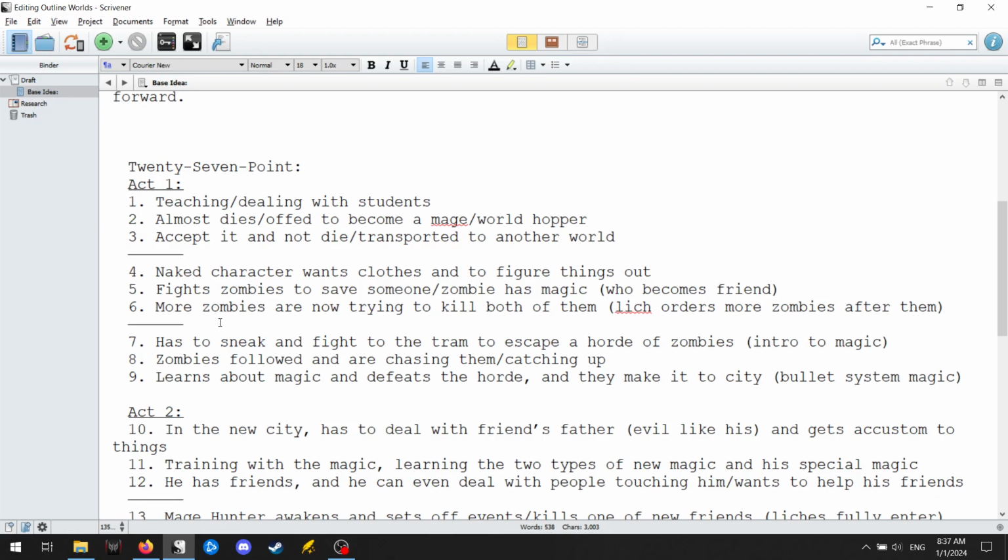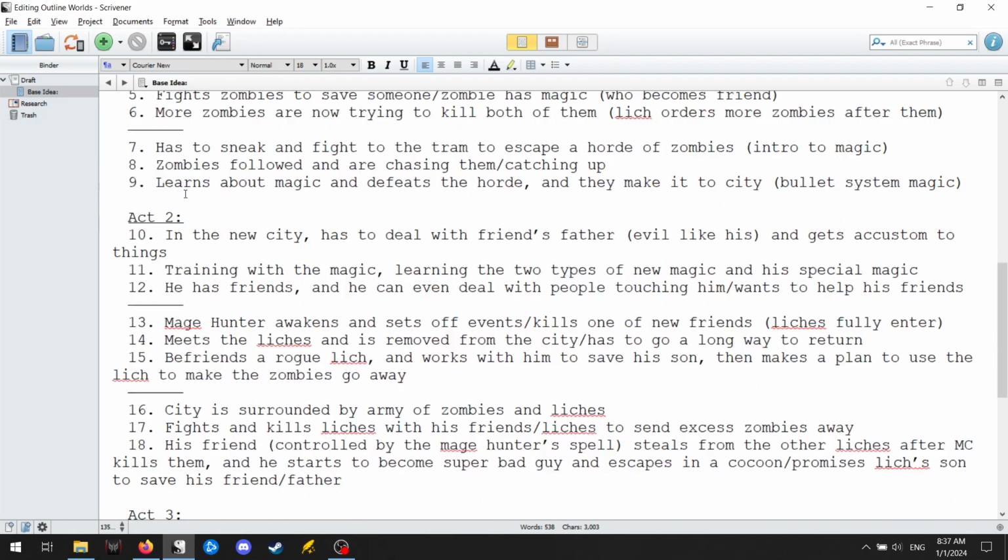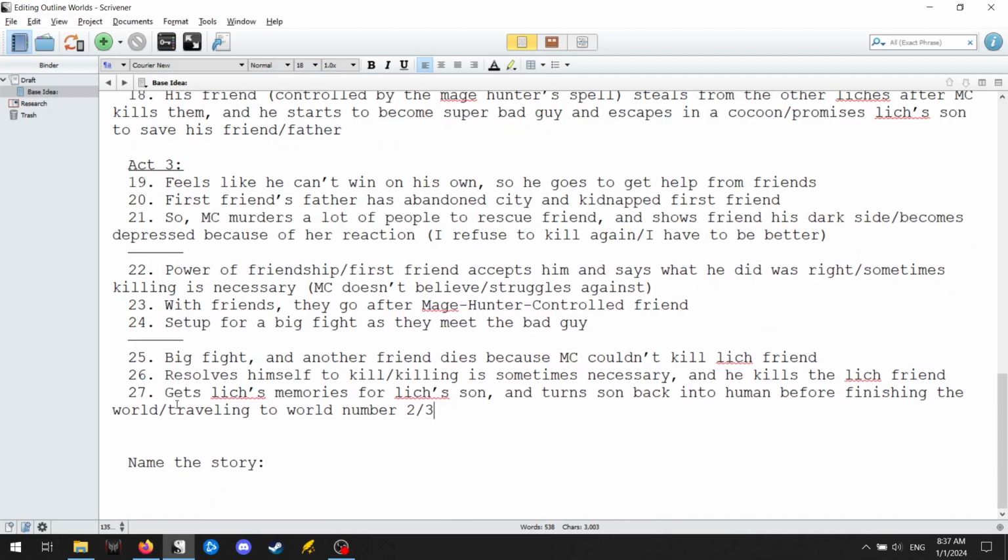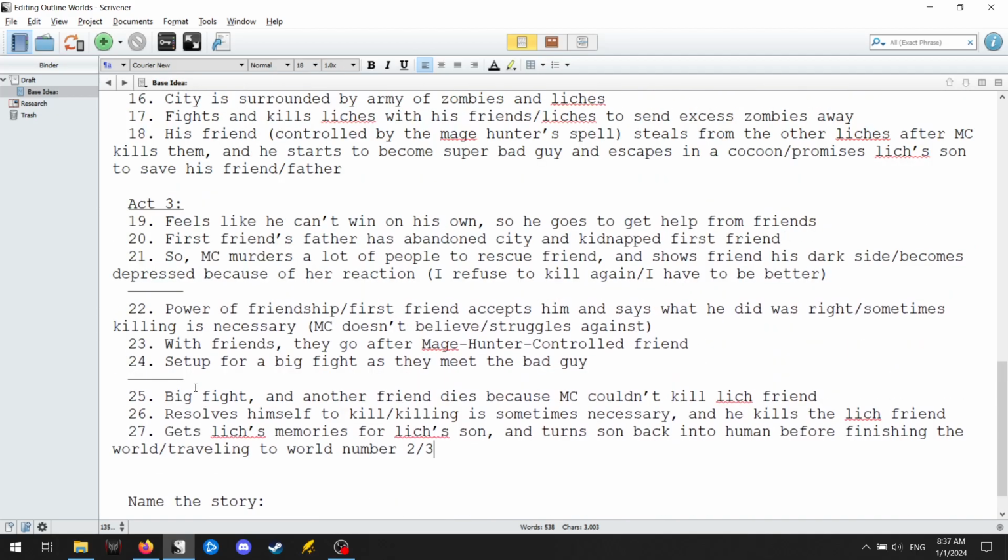I wrote a paragraph for what happens in each chapter, and then just used that one paragraph to go from point to point to point. Not every point is a single chapter, because sometimes one point takes 2 or 3 chapters to do. Sometimes it takes multiple chapters to get through. And for my NaNoWriMo project, the 27 points turned into 63 chapters.